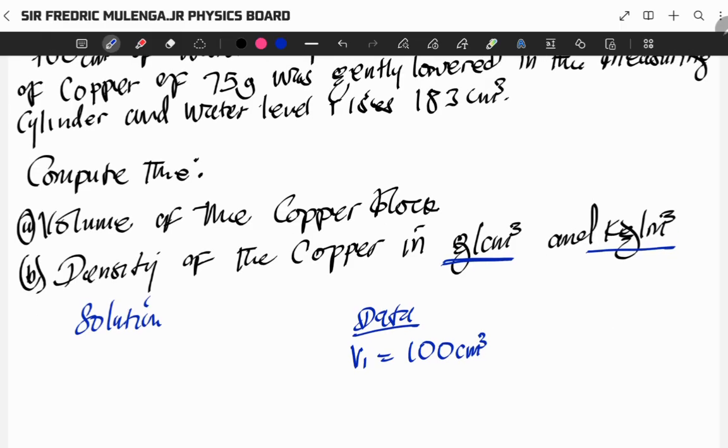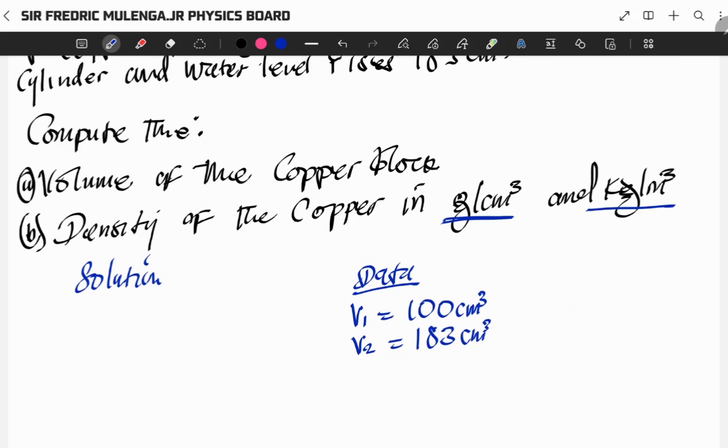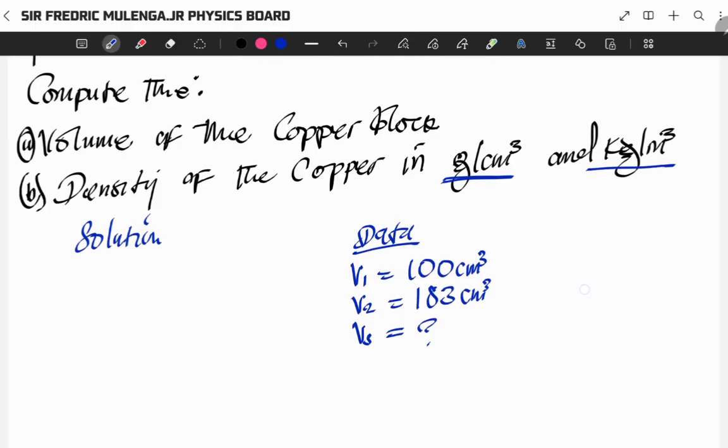Then when the copper block was lowered into the measuring cylinder, it raises to 183 centimeter cubic. That's my volume 2. So then the volume of the copper, I really do not know, so I need to solve that. And that's the question for A. So mass given is 75 grams.